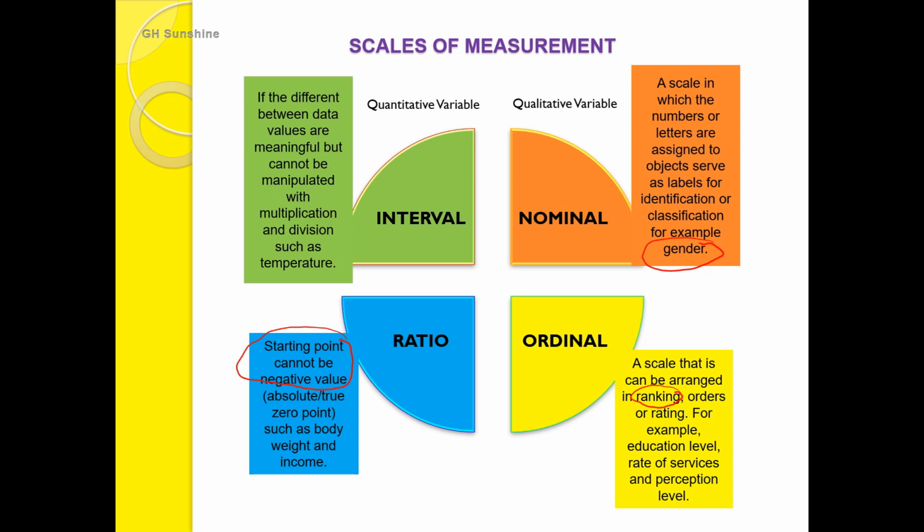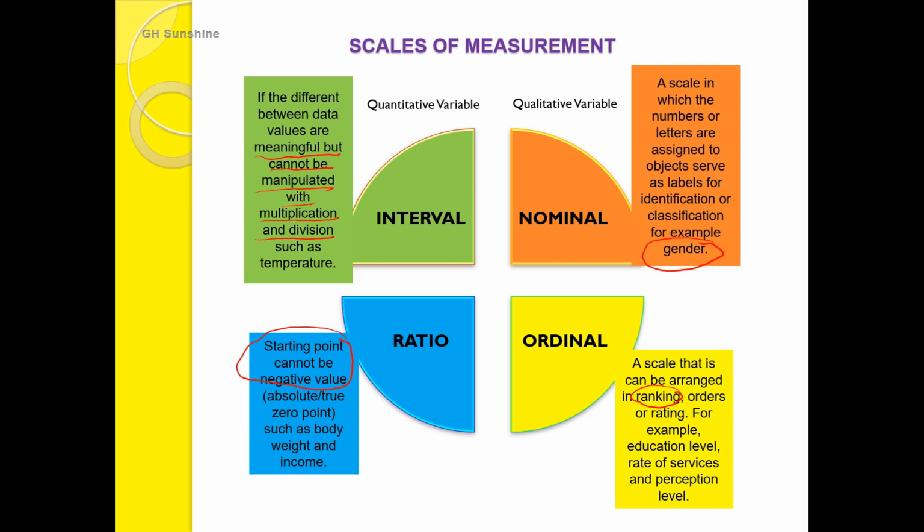So for interval scale, the difference between data values are meaningful but cannot be manipulated with multiplication and division. For example, temperature.